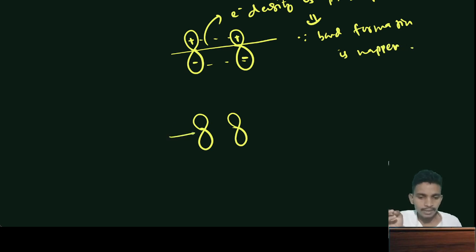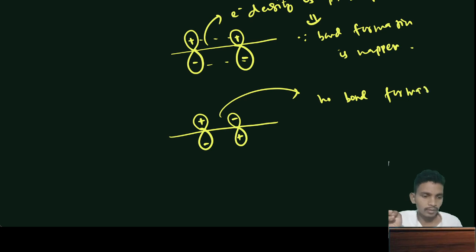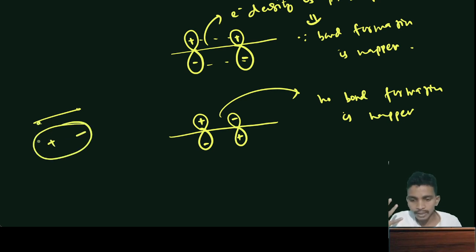Now in this case, let's say another thing: if it is positive and if it is negative, and it is negative and it is positive, it means that here no bond formation occurs. So if there is no bond formation, and bond is formed by positive and negative, here electron is present.